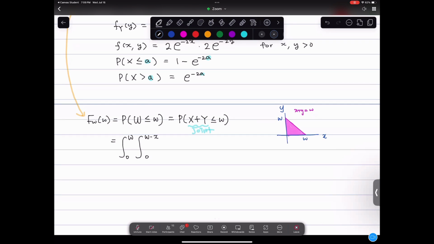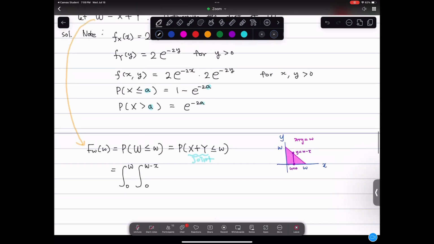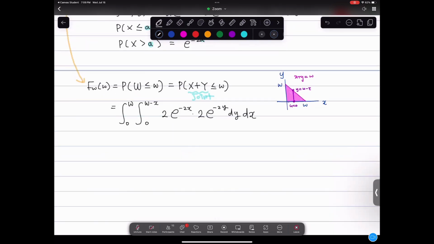Whatever x is, y goes from 0 to w minus x. That's all I'm doing with the joint. I have my joint up here: 2 e to the negative 2x times 2 e to the negative 2y, dy dx. Then I'm almost done here.